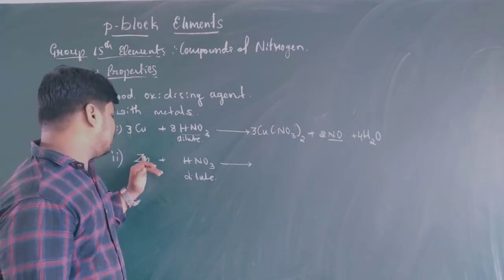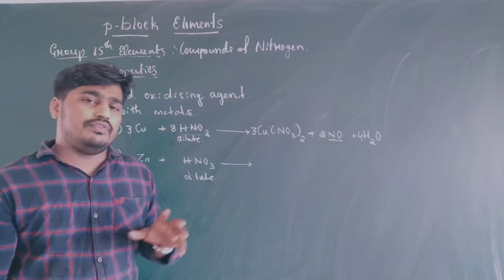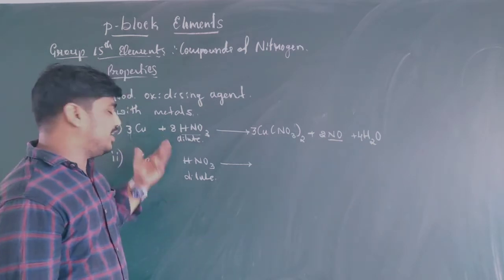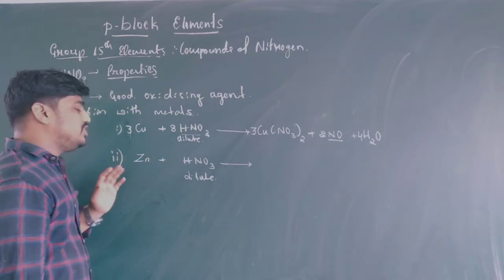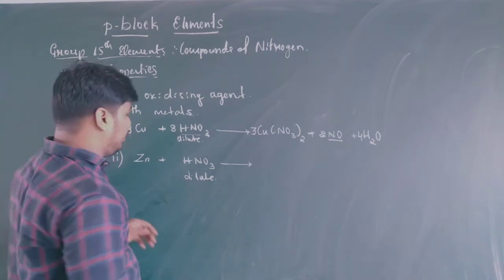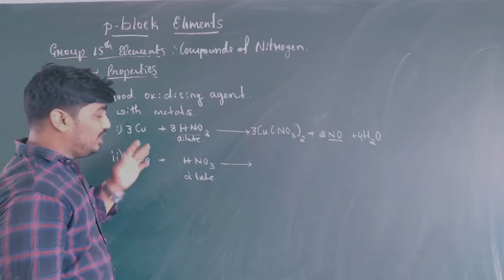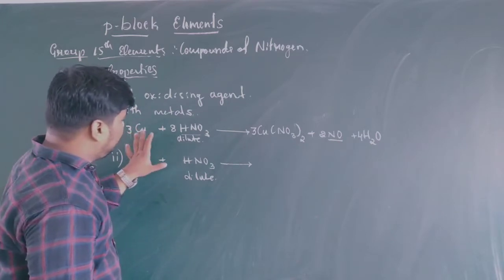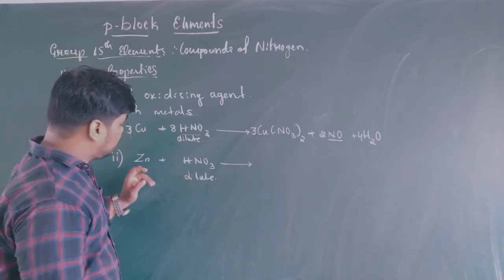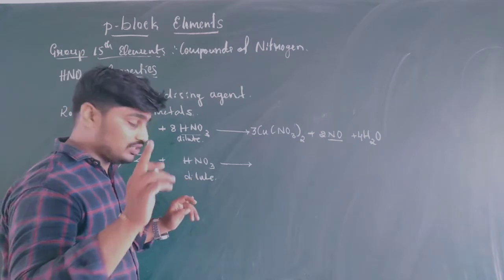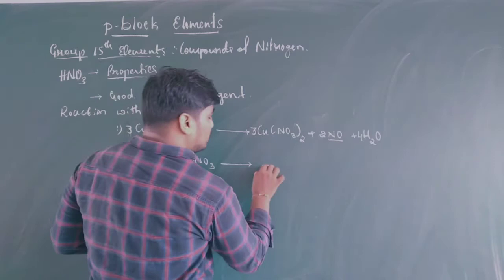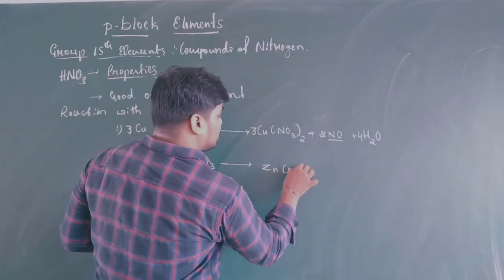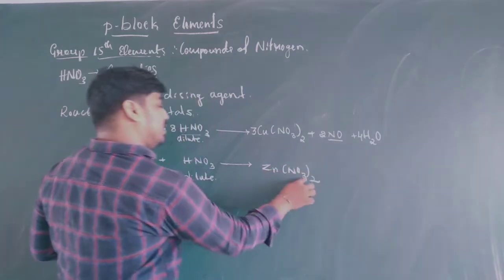So in those cases, we saw one thing, the electrochemical series. Depending upon the potential of the oxidation property of copper and zinc, copper reacts differently with dilute nitric acid, and zinc reacts with HNO3 in a different way. One product is fixed, the corresponding metal nitrate.